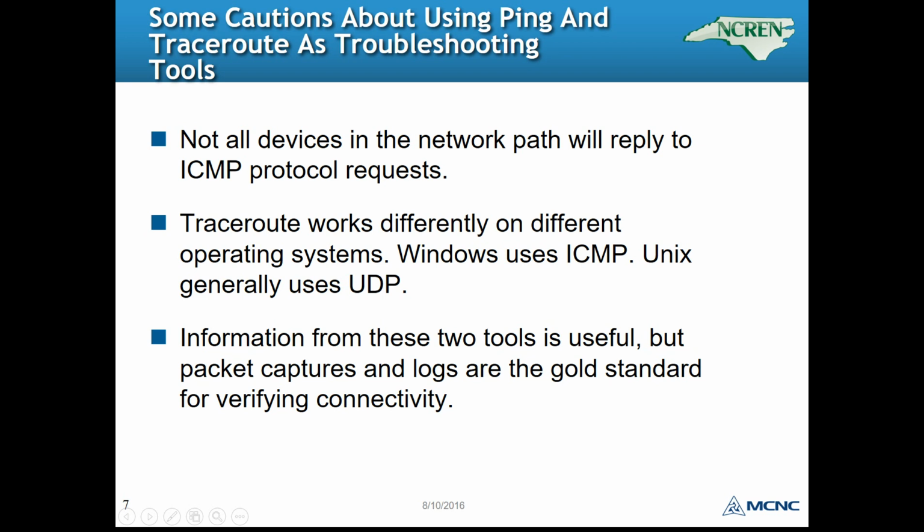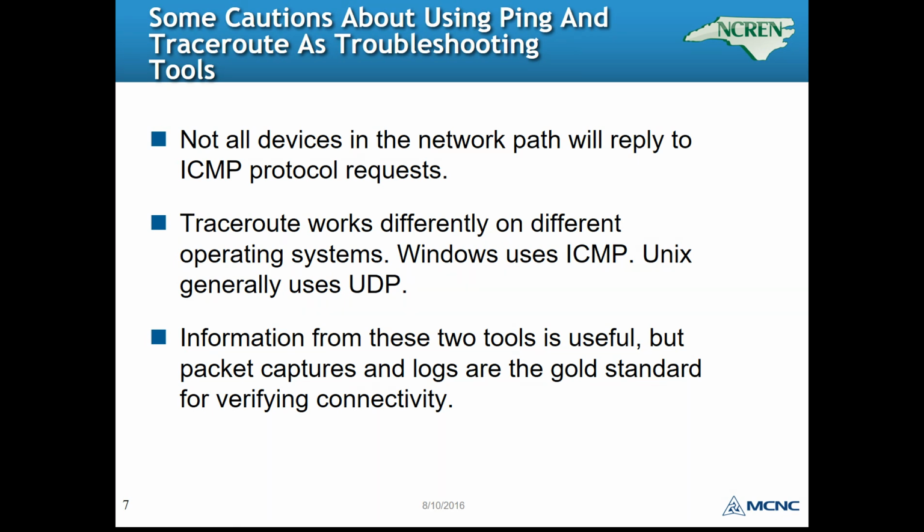So the general caution, from at least my standpoint, is that information from these two tools is useful, but packet captures and logs are really still the gold standard for verifying connectivity. So when you use ping and traceroute, always take it with a grain of salt, and realize that sometimes devices in the path won't reply the way you think they will.